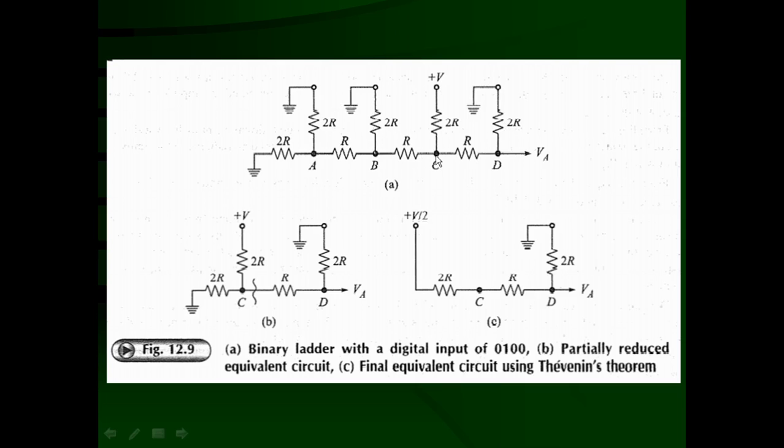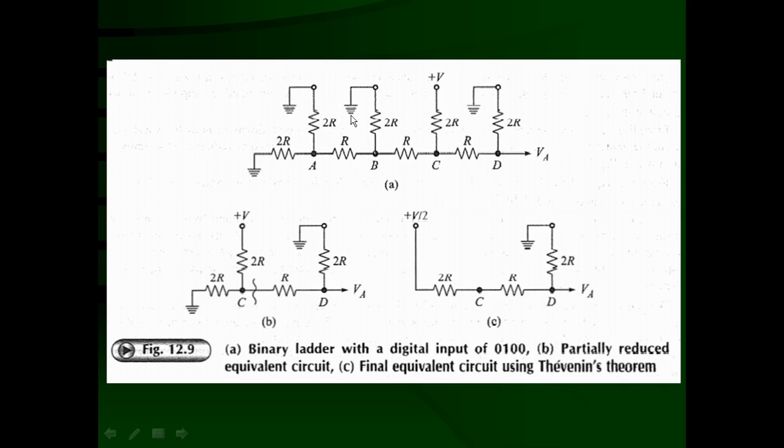Now from the nodal point C, this side, the equivalent resistance from B onwards is going to be R only. So R plus R is going to be 2R. That means from C toward the terminating resistance, the equivalent resistance is going to be 2R, and toward this side, it is also going to be 2R.